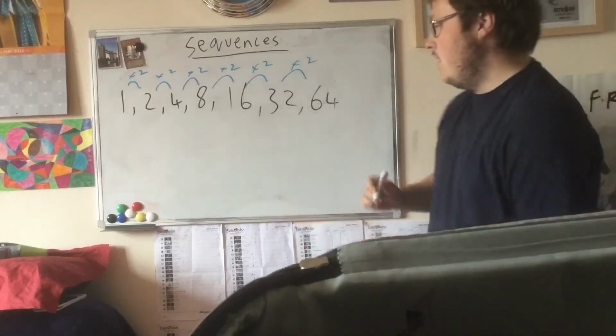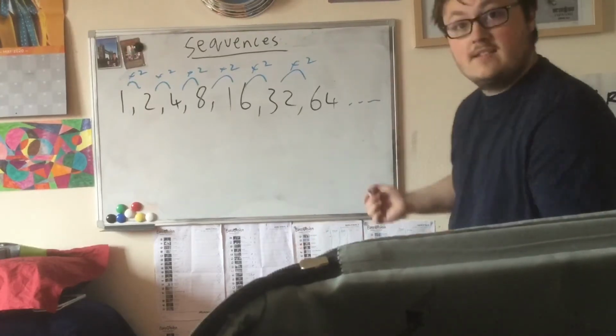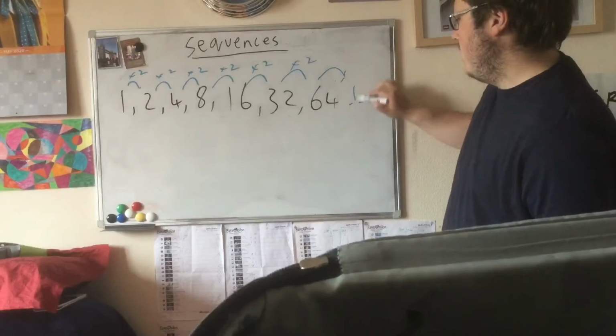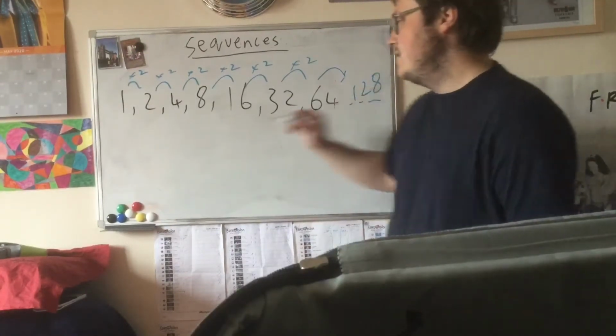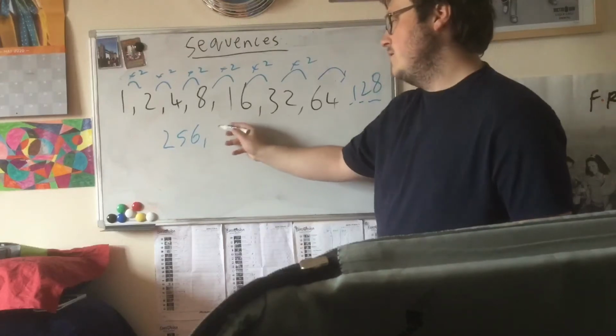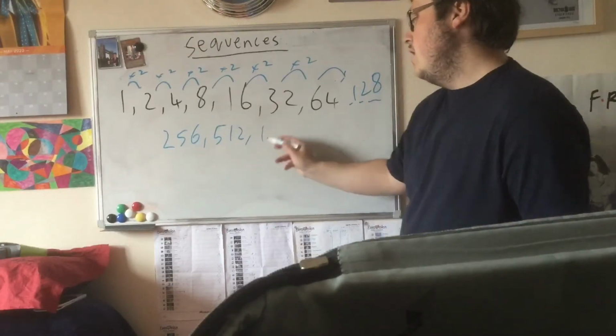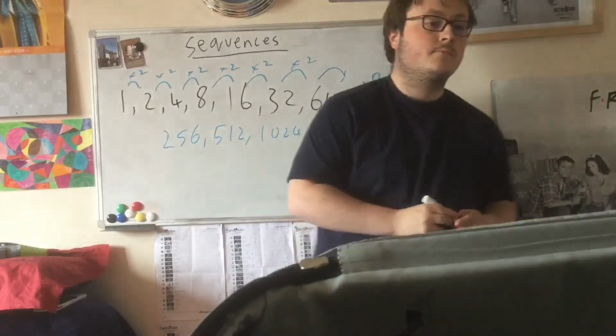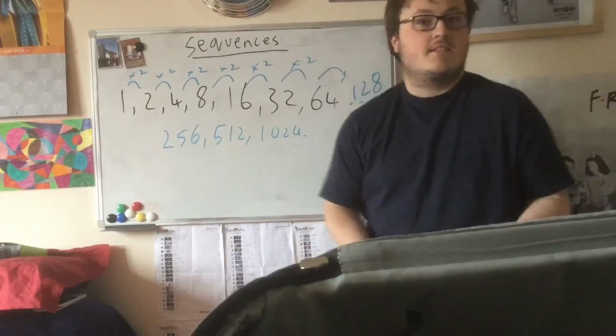So how can that help us find the next term? Well, you just double 64. So double 64 will get us 128. Double 128 will get us 256. Double 256 will get 512, 1024, and so on.